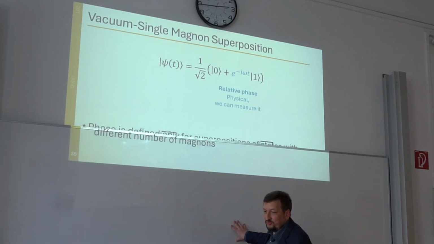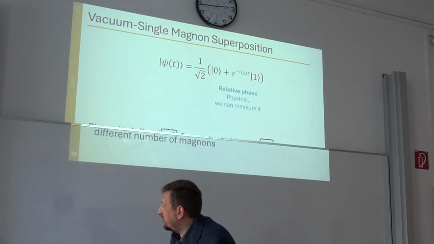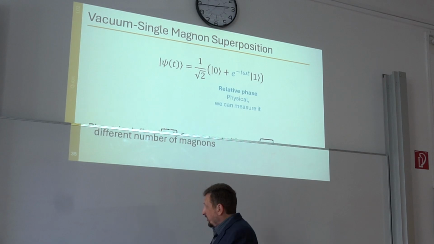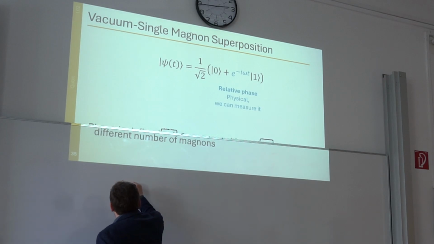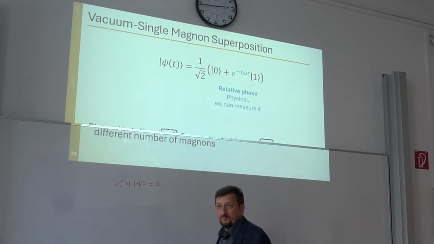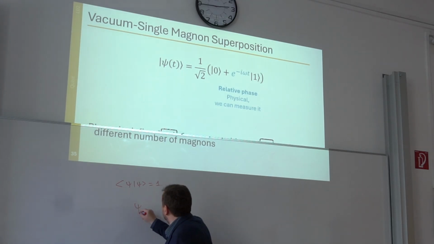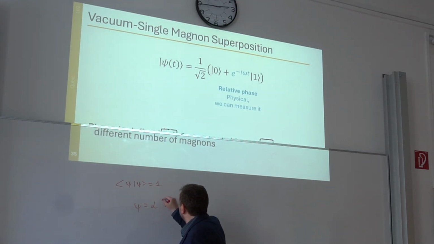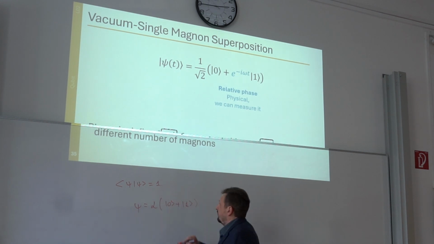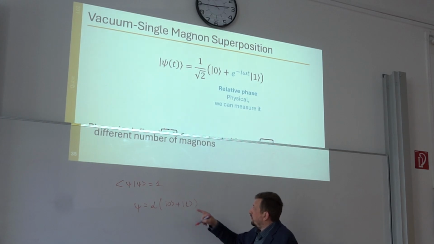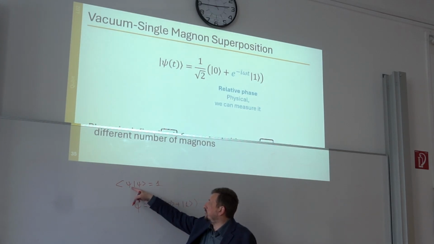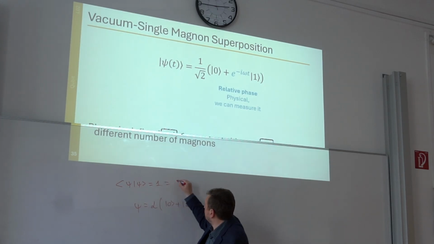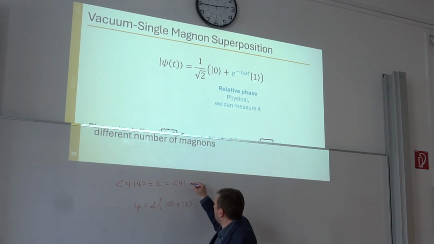So let's do this exercise a little bit. What we need is the scalar product of psi with psi to be equal to 1. Say I have psi, which is some normalization factor alpha times 0 plus 1. So here I have the bra vector times the ket vector.